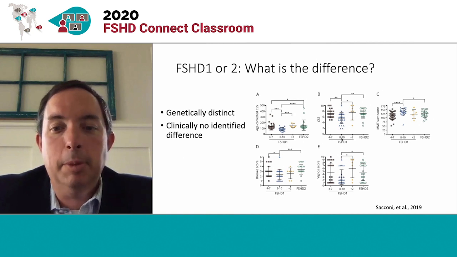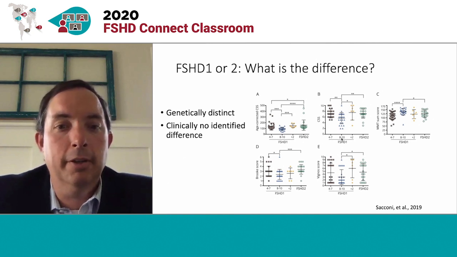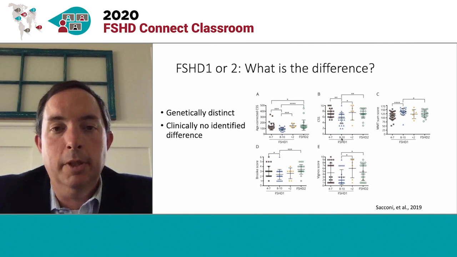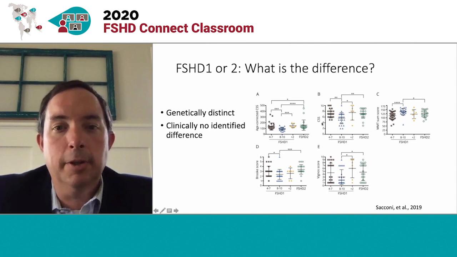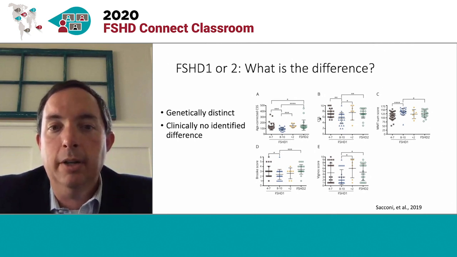So here, this paper from Dr. Sacconi and others is looking at, again, the clinical severity score, that aggregate severity score, looking at different repeat lengths of FSHD1 and then FSHD2, and you can see by and large that there's very little difference in terms of the clinical severity across the board in either FSHD1 or FSHD2.